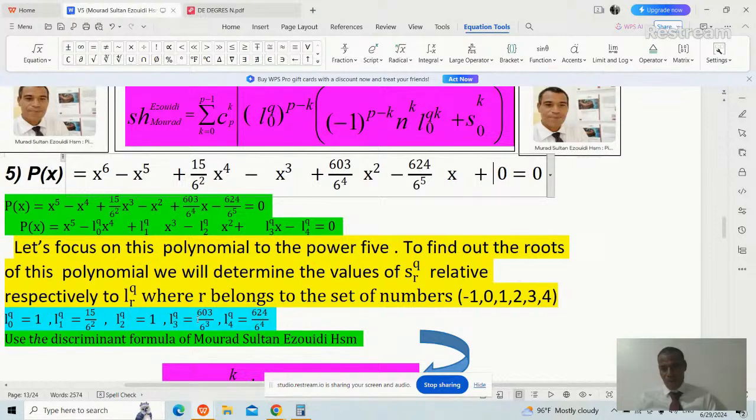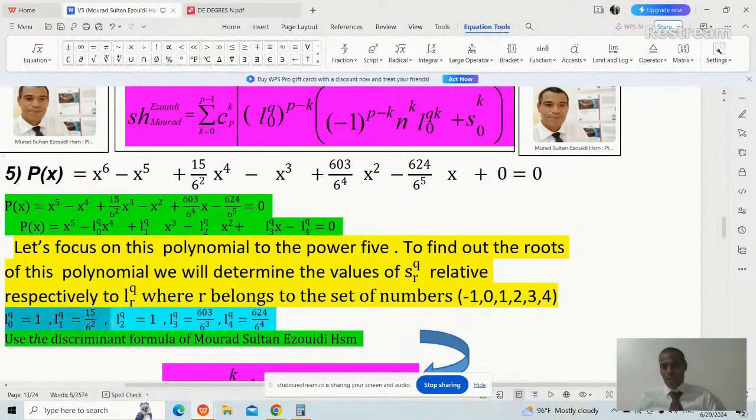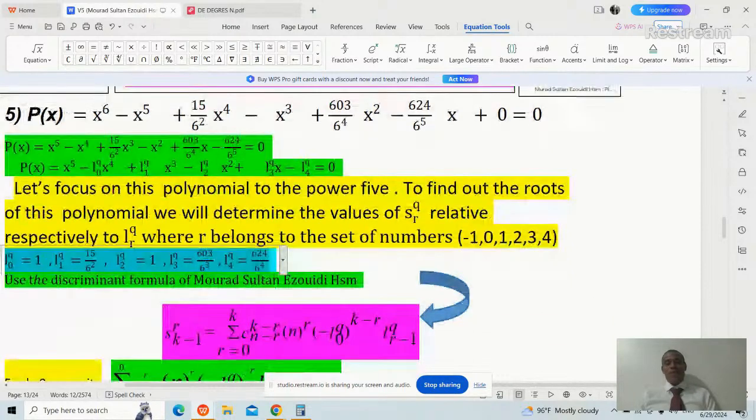Okay, I'll make a copy for this because I need it, and you will see the main important techniques, strategies and procedures that help you to think again of coming to the power n. Even, learners, don't think that I'm solving only polynomial to the power n, but also equations raised to the power n.